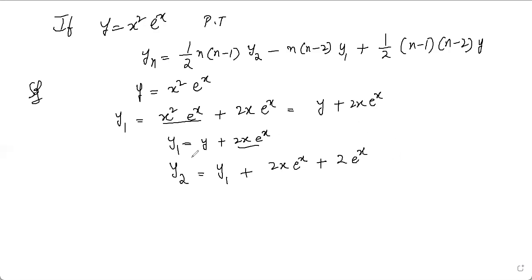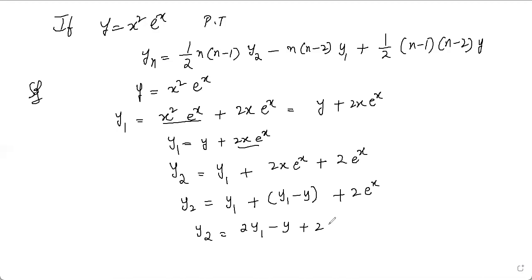Now 2x into e to the power of x we can write as y1 minus y. So your y2 will be 2y1 minus y plus 2 e to the power of x.